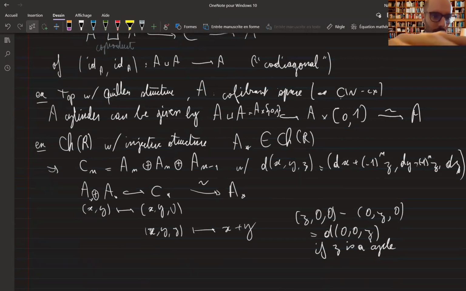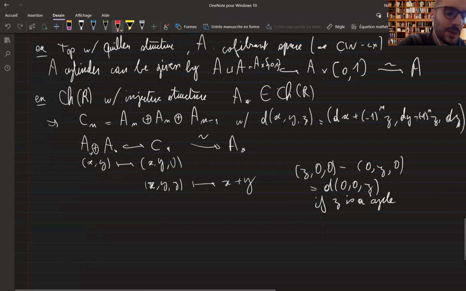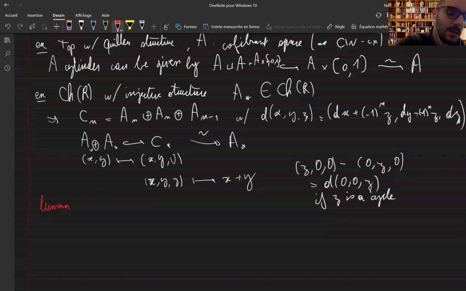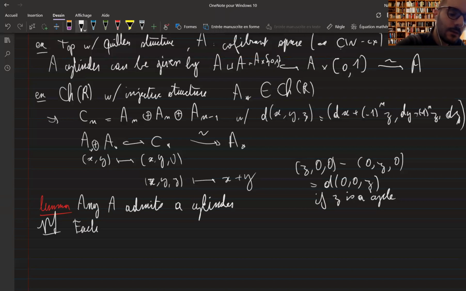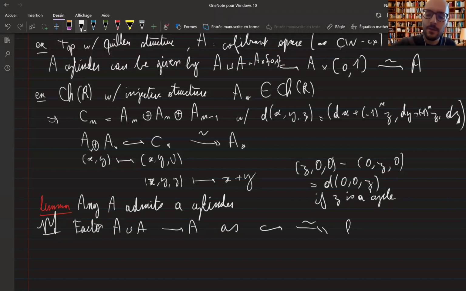Maybe I can write it as a lemma. Any A admits a cylinder. Proof: factor the codiagonal as a cofibration followed by an acyclic fibration by MC5.